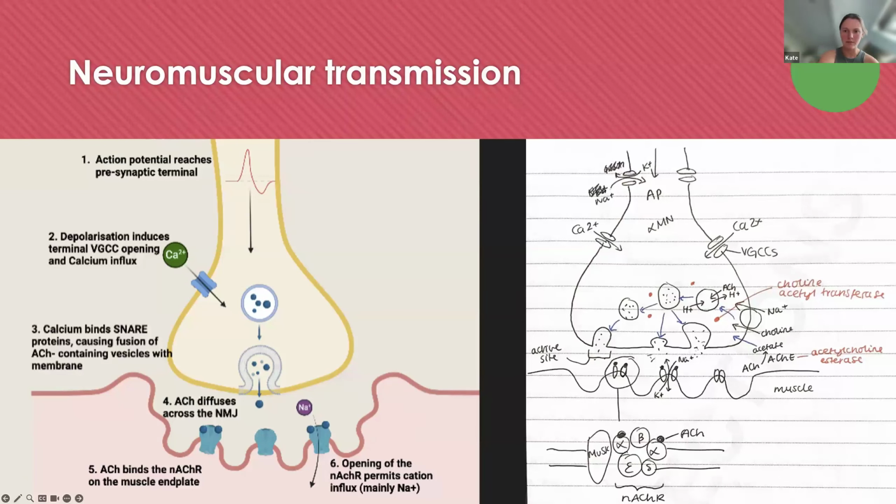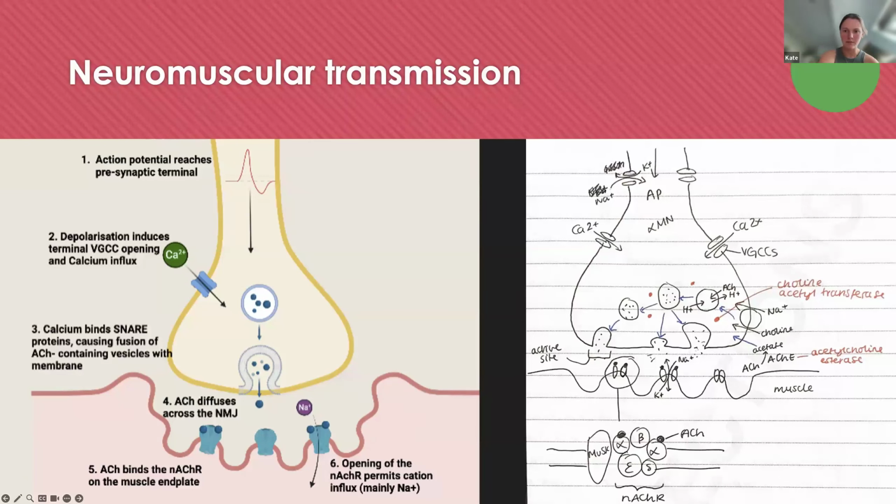So acetylcholine leaves via exocytosis and it diffuses across the cleft. And if it's not hydrolyzed by acetylcholinesterase, which is an enzyme that sits in the cleft, it will bind to the nicotinic acetylcholine receptor on the sarcolemma, on the muscle fiber.